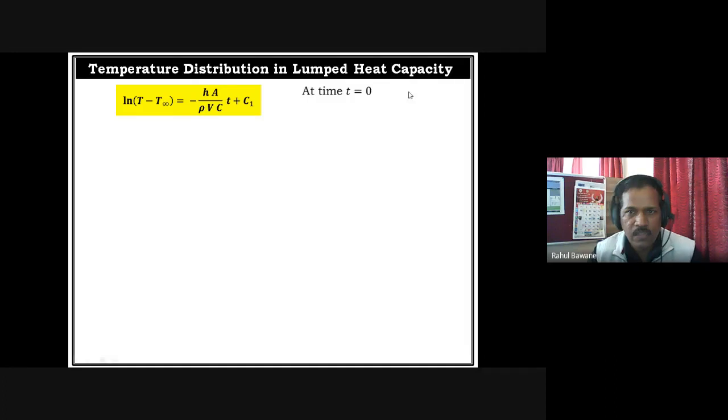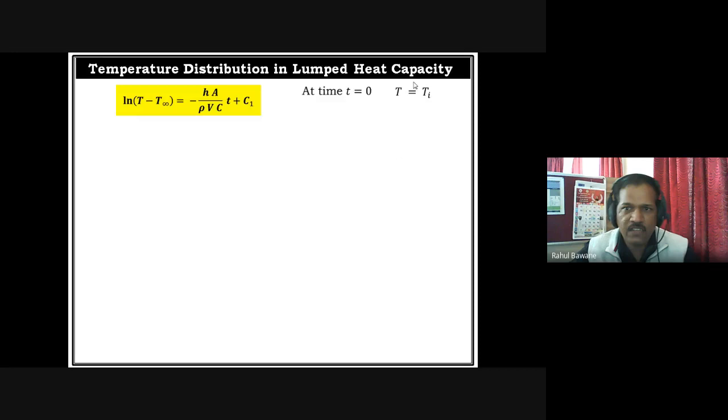If time is 0, it is not yet submerged into the fluid, so the temperature will be the initial temperature of that object, Ti. Suppose that sphere is heated up to 100 degrees centigrade, and then I put it into a quenching bath. As soon as it is submerged into that fluid, its temperature decreases, because heat is convected out by the surrounding fluid, so internal energy decreases and the temperature reduces.